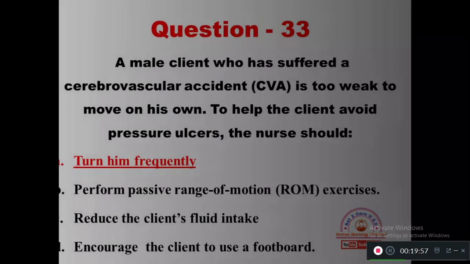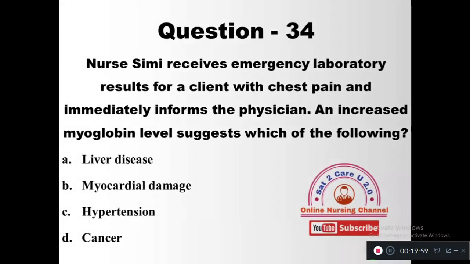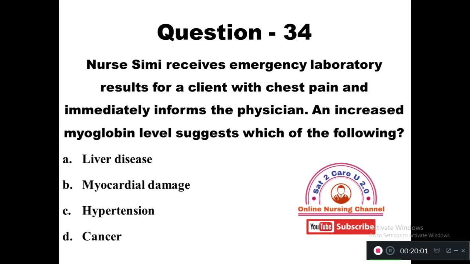Question number 34. Nurse Simi receives emergency laboratory results for a client with chest pain and immediately informs the physician. An increased myoglobin level suggests which of the following? Option A, liver disease, B, myocardial damage, C, hypertension, D, cancer.